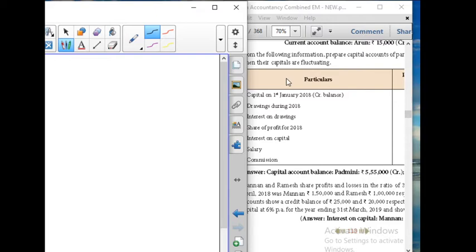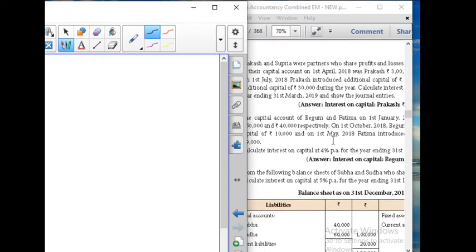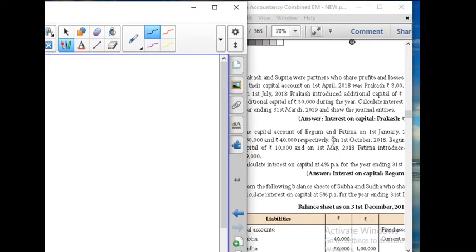Sixth question. Prakash and Supriya were partners who shared profits and losses in the ratio of 5:3. Balance in their capital accounts on 1st April 2018 was Prakash 3 lakhs and Supriya 2 lakhs.